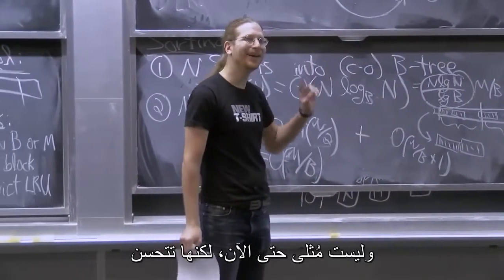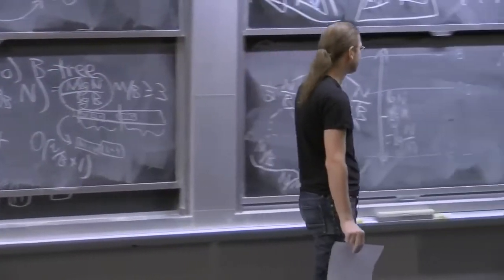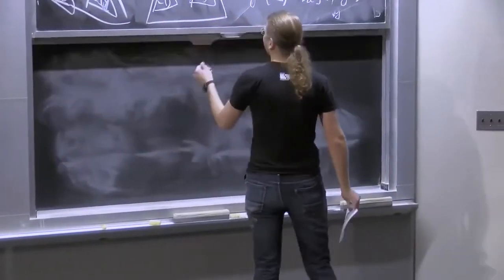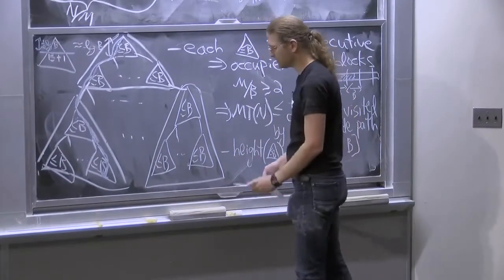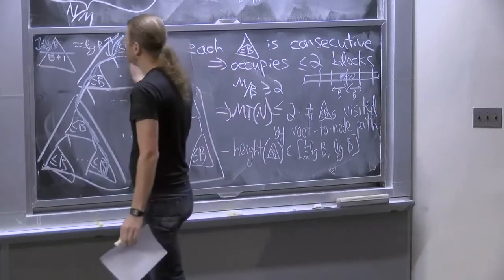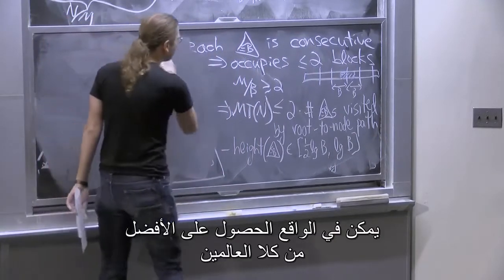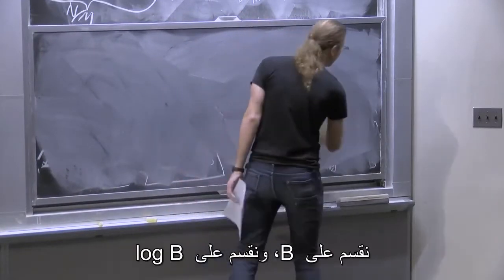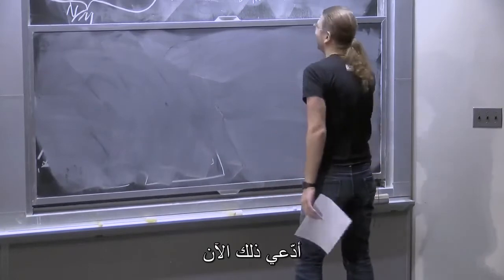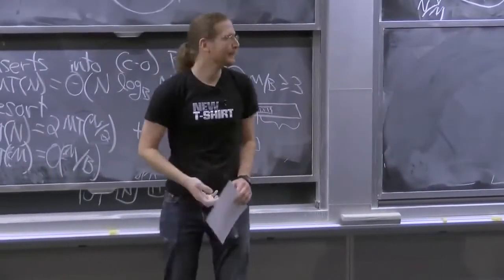Still not optimal, but we're getting better. We can actually get sort of the best of both worlds, divide by b and divide by log b, I claim. But we need a new algorithm.